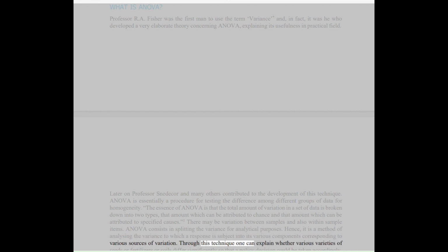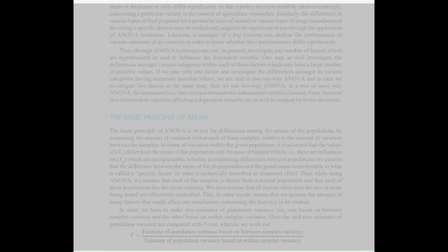Through this technique, one can explain whether various varieties of seeds or fertilizers or soils differ significantly so that a policy decision could be taken accordingly concerning a particular variety in the context of agriculture researches.